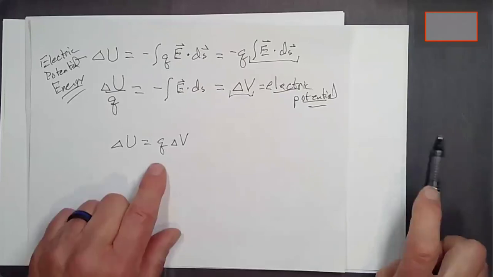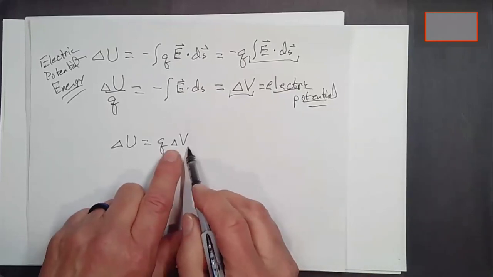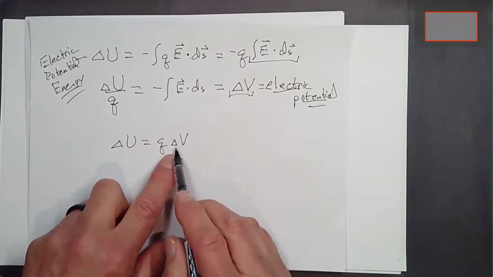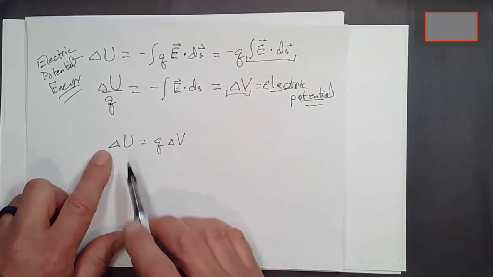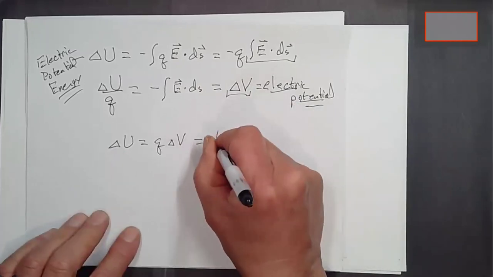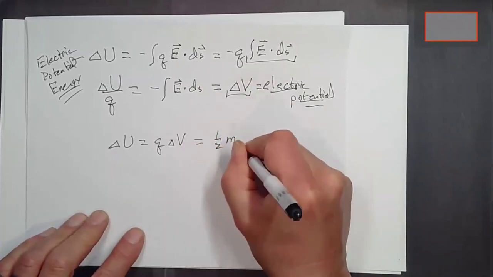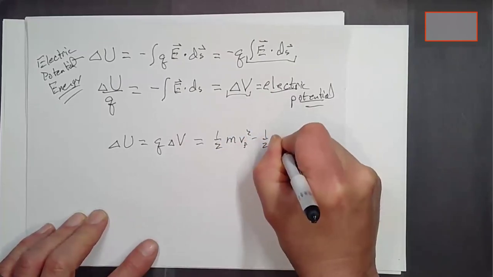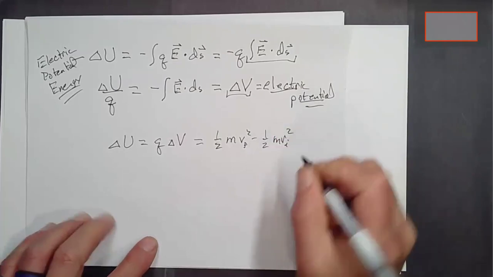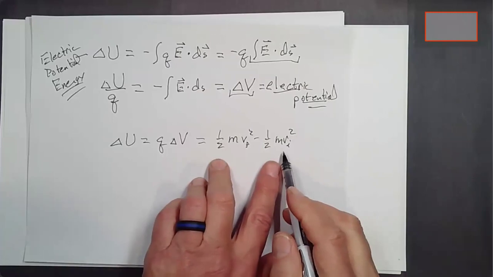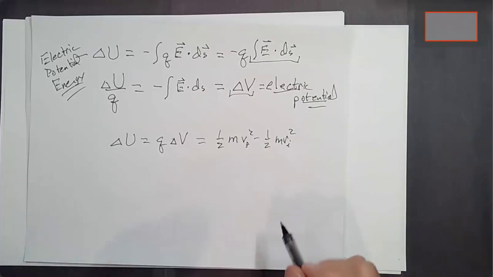So we might be given this value and told what the object happens to be, then you just multiply them together to get that. And that change in electric potential energy would equal 1/2 m v final squared minus 1/2 m v initial squared. You may recognize that. That'll be the change in kinetic energy for the thing.